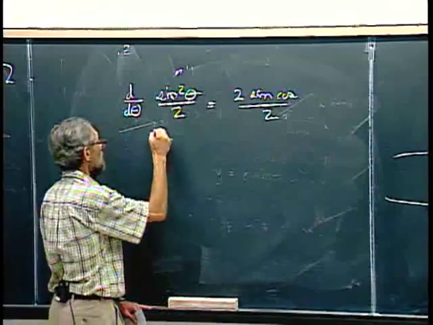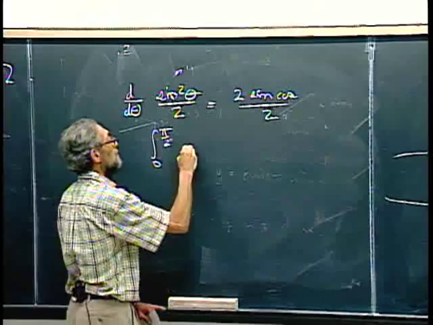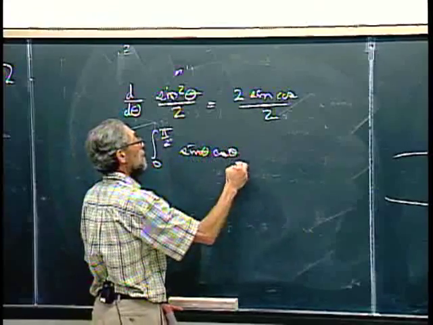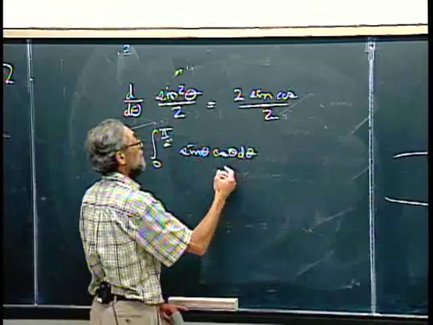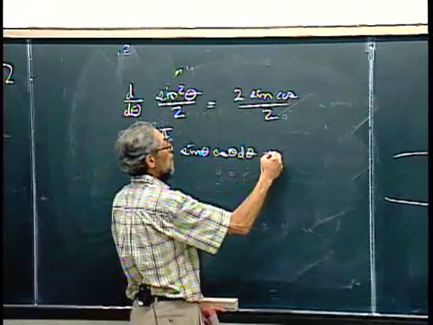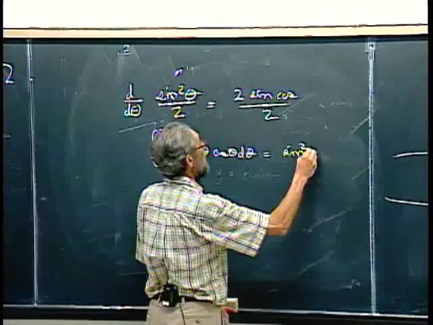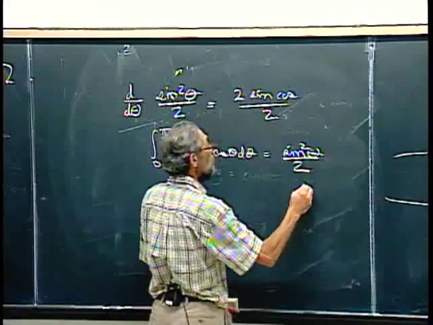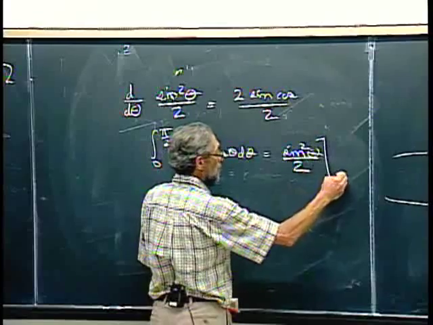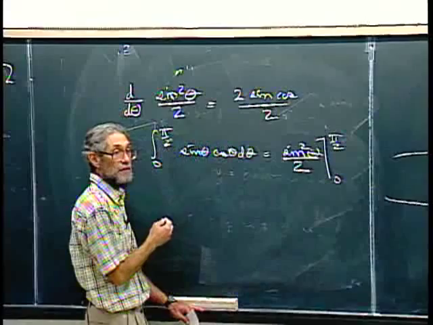So the integral from 0 to pi halves of sine theta cosine theta d theta is this antiderivative, sine squared theta over 2, evaluated between 0 and pi halves.